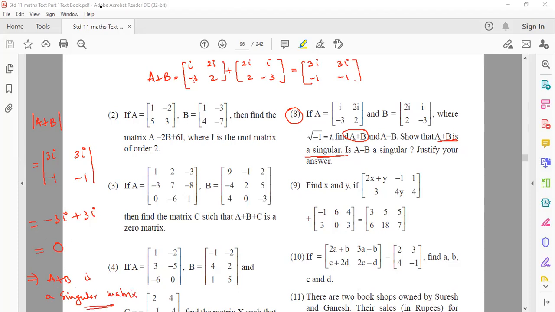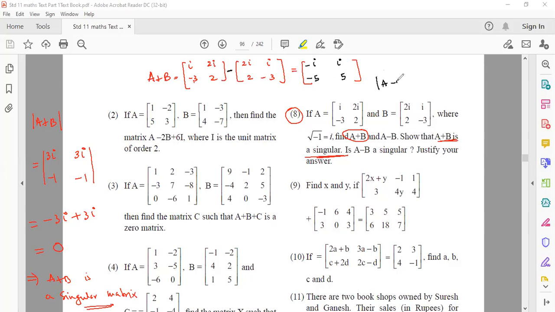A plus B is a singular matrix. Now what happens in A minus B? You check yourself. Try to do A minus B yourself. When I'm calculating A minus B, this middle sign will become minus, and the calculation will become I minus 2i minus I, minus 2i minus I, I minus minus 5 and 5.